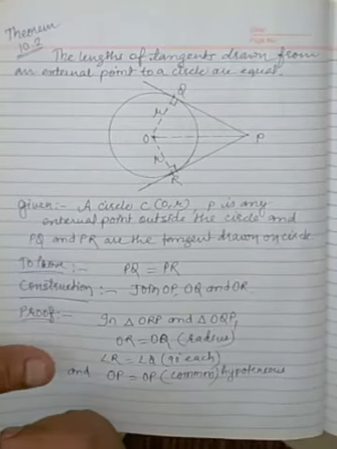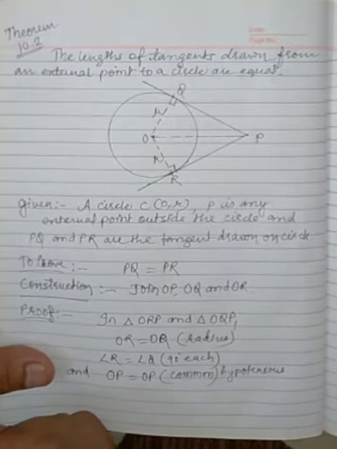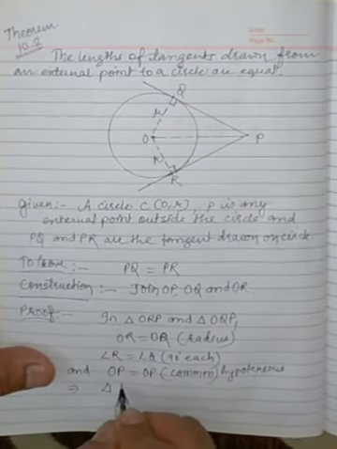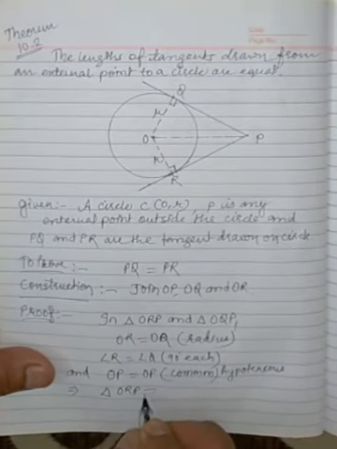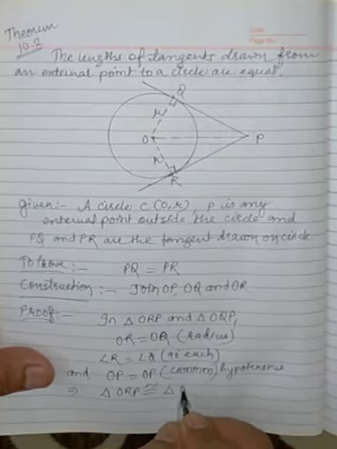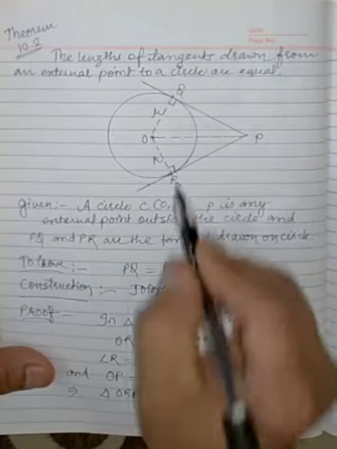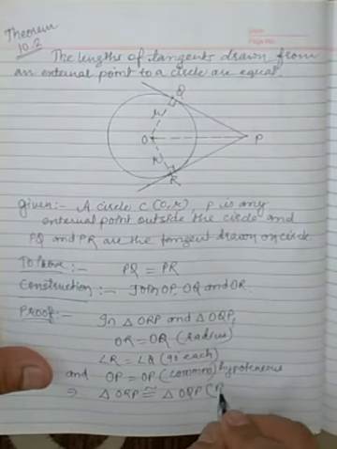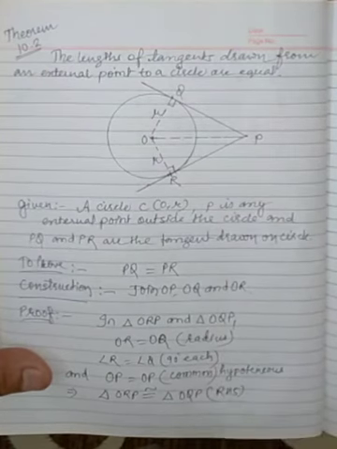So OP is equal to OP, the common hypotenuse. That means triangle ORP is congruent to triangle OQP by right angle, hypotenuse and side, that is RHS.